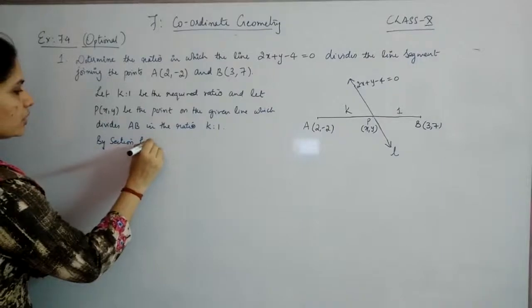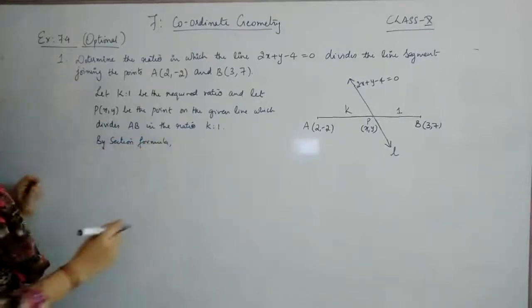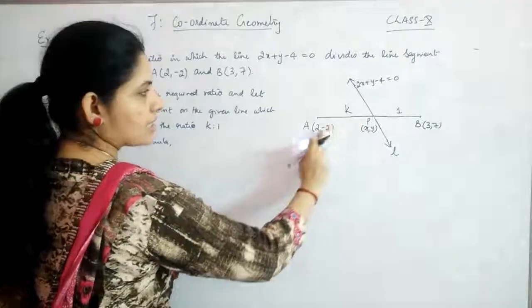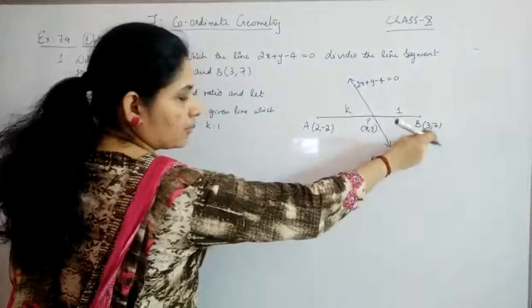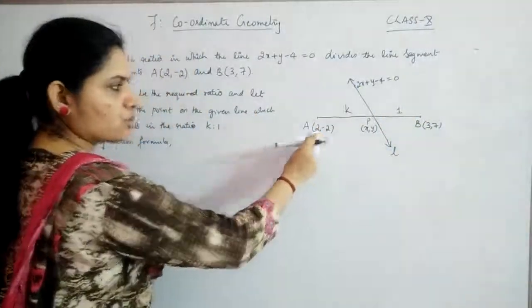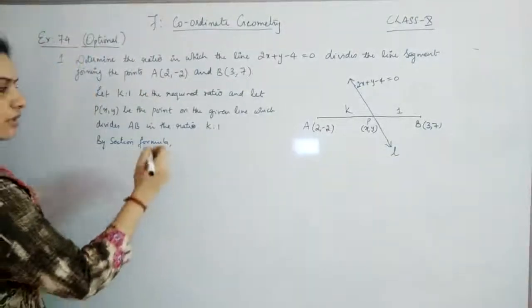By section formula you will get the coordinate x as (k into 3 plus 1 into 2) divided by (k plus 1). That will be your x coordinate.